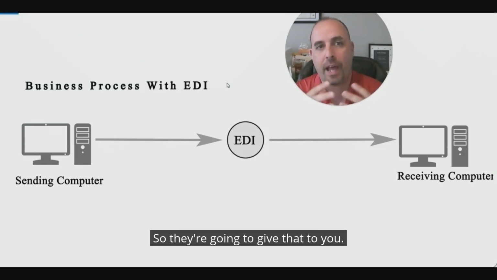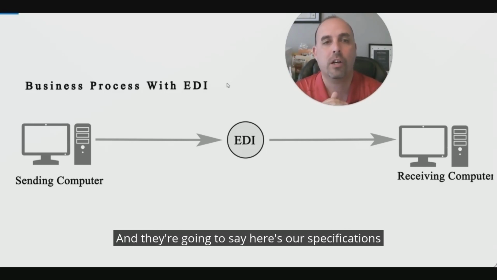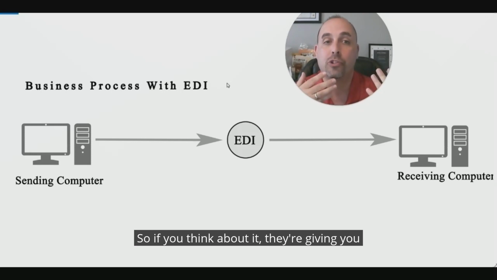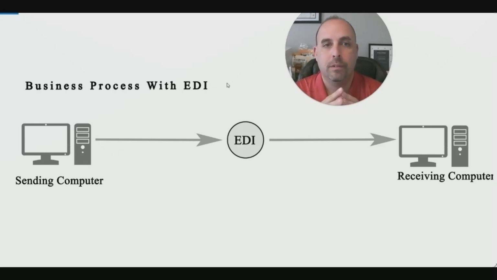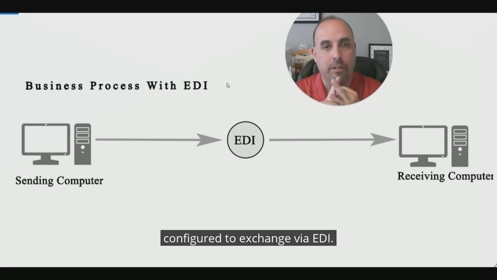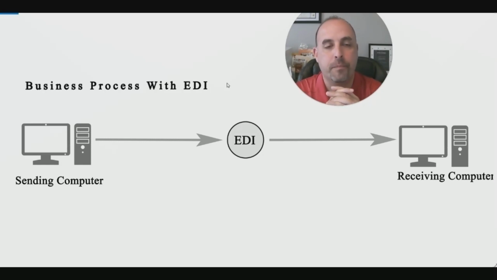They're going to say, here's our specifications of how you should format your EDI document. So they're giving you the communication and how the documents should be configured to exchange via EDI.